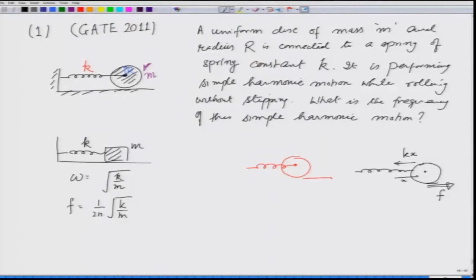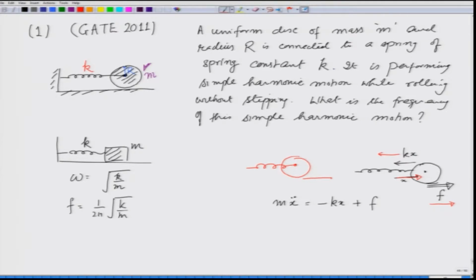So, when the disk is displaced by x, I am going to have m x double dot is equal to minus kx plus f, because you see the way we have made it, x is going to the right, kx force is to the left and frictional force is to the right when it has a tendency to come in.